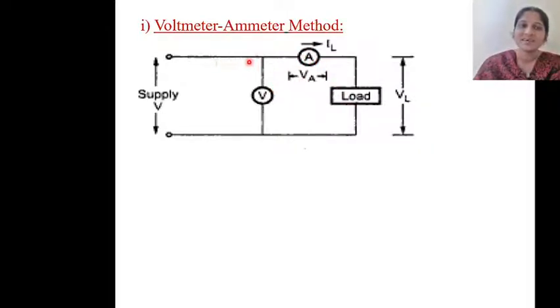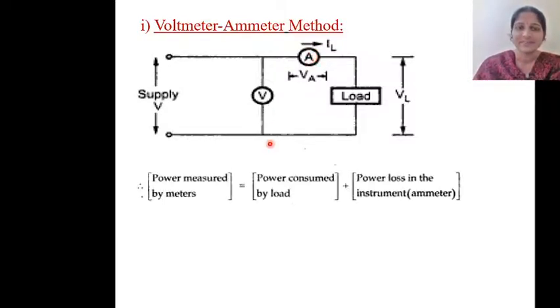So here the total power is nothing but the power consumed by the load plus the power loss in the ammeter. Even though the power loss in the ammeter is small, we shall also consider that power. The total power measured by the meters means the product of the voltage and the current in the ammeter.